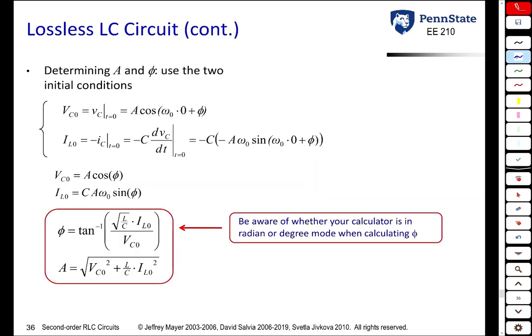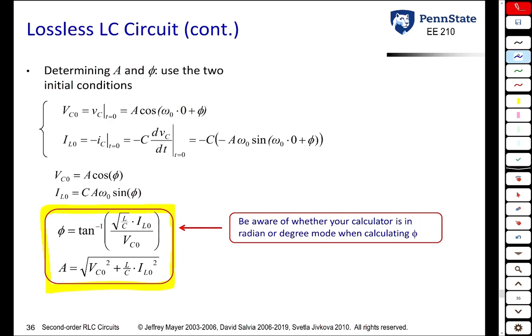So using the two initial conditions, the voltage across the capacitor and the current through the inductor, we can then find equations for A and phi. I'm not going to go over the details here, but the results are down here. Notice that A and phi each depend on the value of the inductor, the value of the capacitor, and the initial conditions for the inductor and the capacitor.